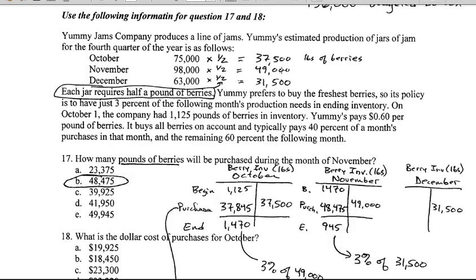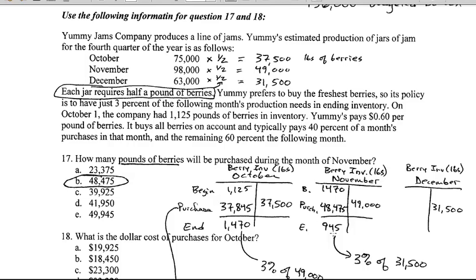Okay, so current production is 48,000. We want to add to it ending inventory. Ending inventory is equal to 3% of the following month's production needs. So 3% times 31,500 means at the end of November, we want to have 945 pounds of berries. Then we want to subtract how many berries we already had from beginning inventory.